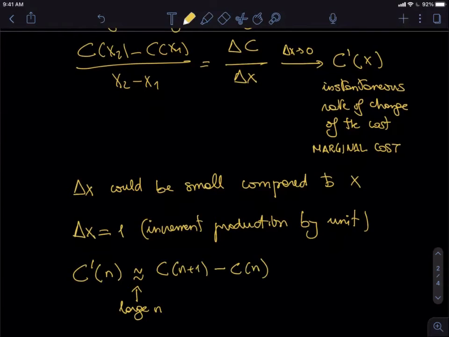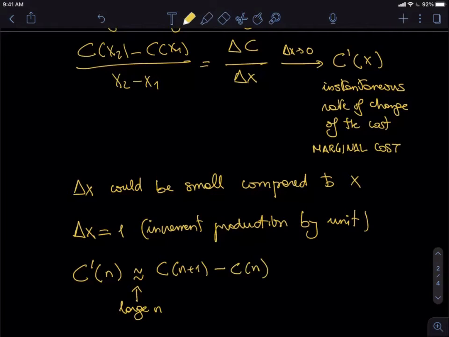Here I would be dividing by n plus 1 minus n, but that is equal to 1, so we don't even write that. This is useful because it's much faster to compute. Instead of computing C of n plus 1 minus C of n, you just compute the derivative and that's it.